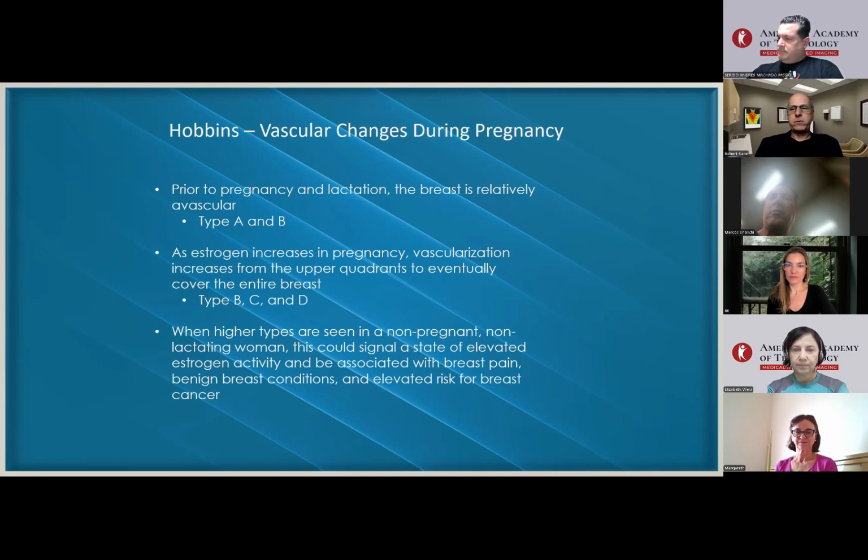Now, notice we're talking in terms of estrogen activity versus estrogen concentration. I'm going to explain that a little more in depth as we go into the presentation, but we're really looking at how active the receptor binding sites are versus the physiological concentration of estrogen in the breast.